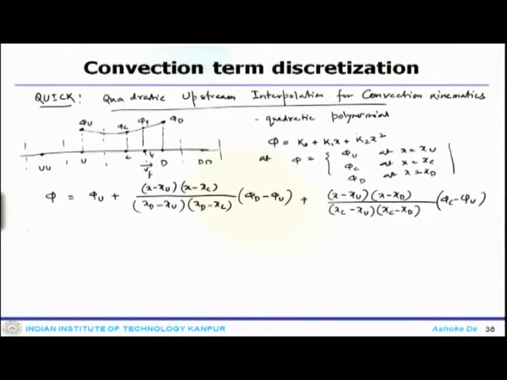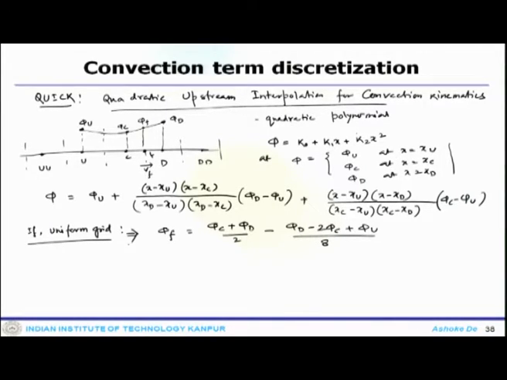Now, if you have a uniform grid, then this boils down to, at phi f, it becomes (phi c plus phi d) by 2 minus (phi d minus 2 phi c plus phi u) divided by 8. So, for a uniform grid the face value becomes like that.